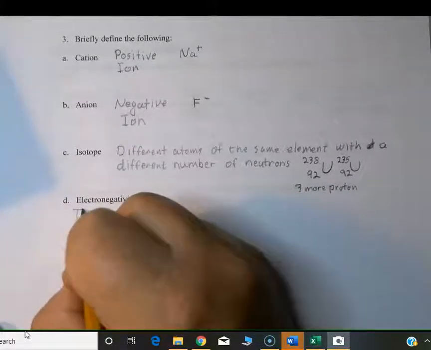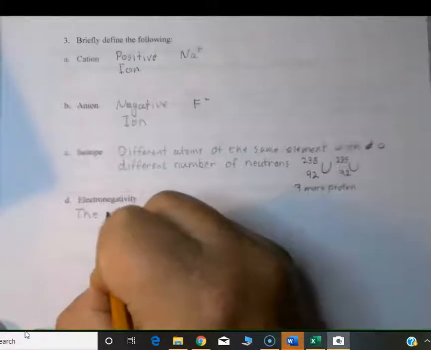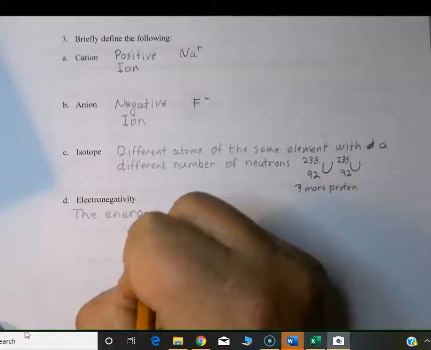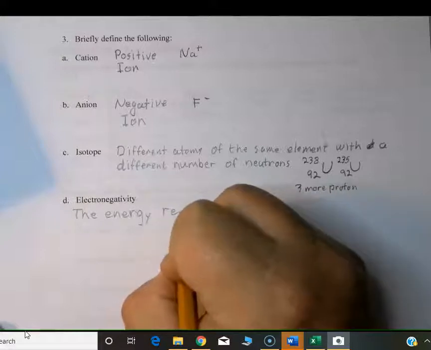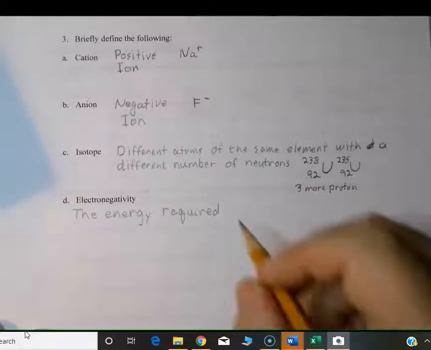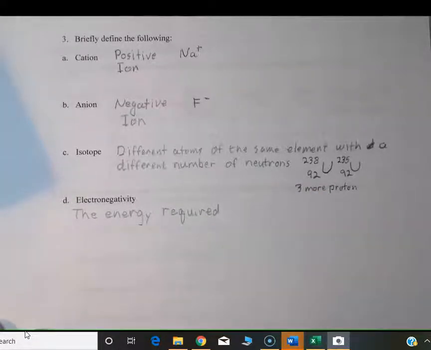Ionization energy is the energy required to remove an electron from its atom. And there are first, second, third, fourth ionization energies. We'll talk about that next week.